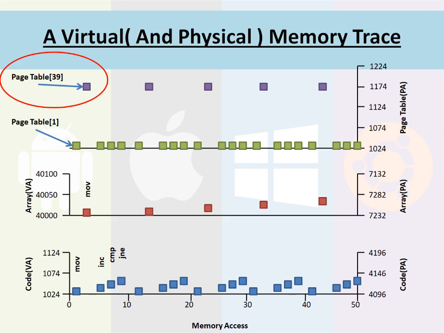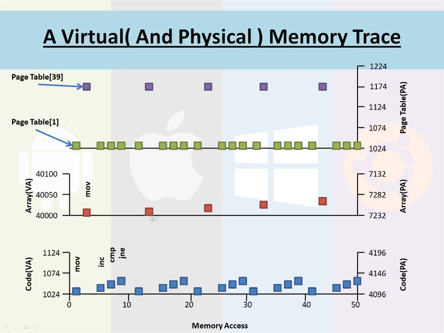Let's assume these virtual to physical mappings for the example are VPN 39 to page frame number 7, 40 to page frame 8, 41 to 9, 42 to 10. Again, these numbers are not super important, but if you want to go deep into this example, then you can look at that. Okay, so we are now ready to trace the memory references of the program.